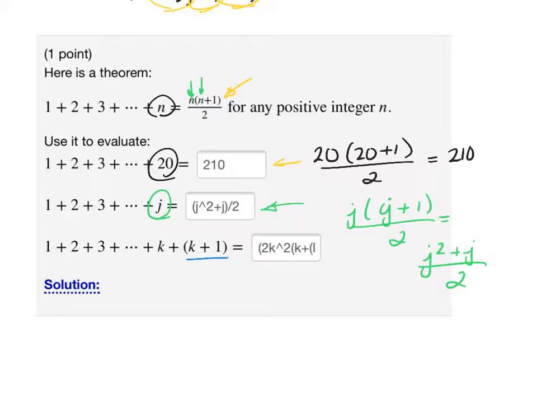How do you think you're going to do this one? This one's a little bit different. I tried it, but I don't think I got it right. Was it k plus 1, in parentheses, multiplied by k plus 1 plus k plus 1? Yep.